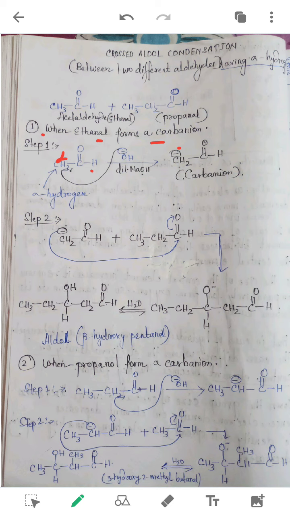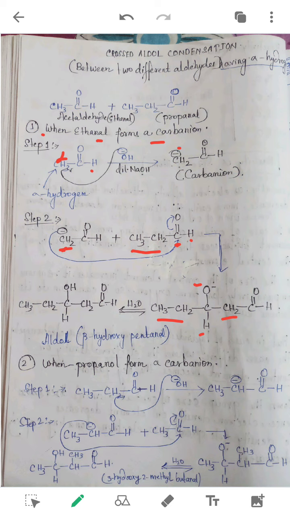That's why we say it is cross aldol condensation. A different aldehyde, our propanal, is there with us, and that is going to attack this carbonyl carbon, forming, you see, the CH2 part written over here, then CO minus, this H comes downwards, and this C is going to form a bond over here.